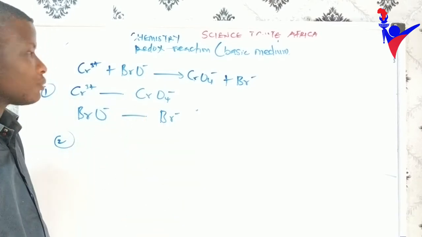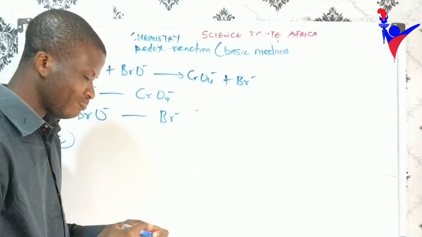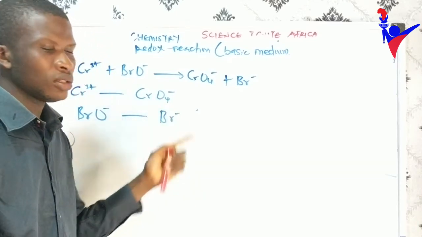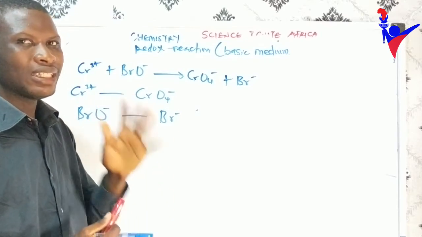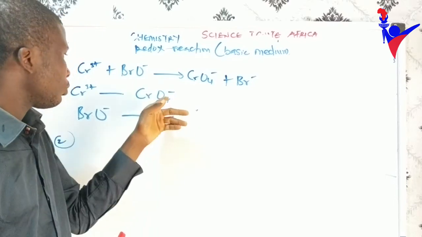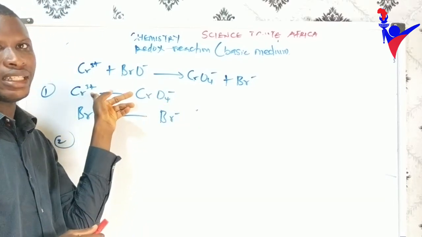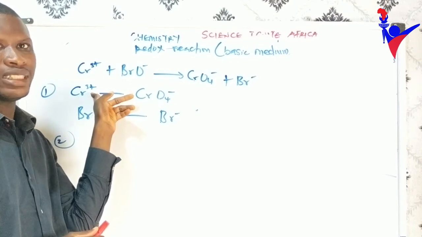Now when you want to balance in terms of charge and atom, this is basic medium. Now in basic medium, one oxygen atom is balanced with 2 hydroxyl ions on the deficient side. So this side is going to be the deficient side in this case.